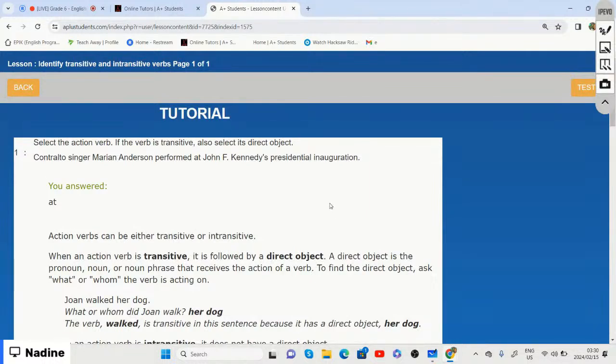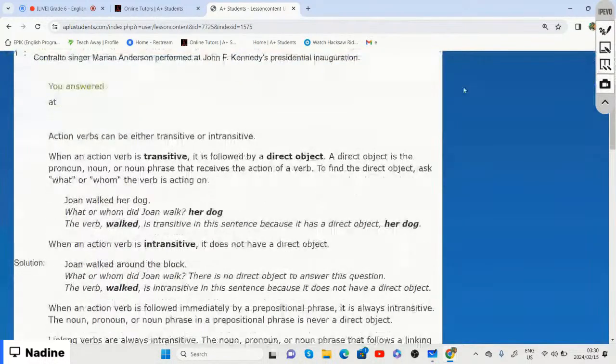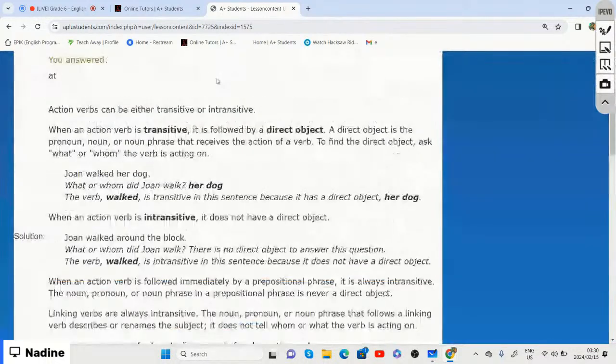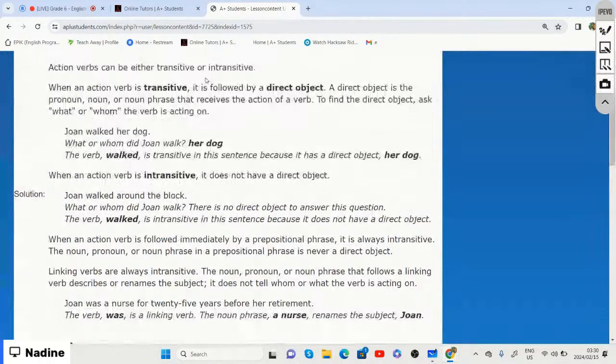Right? So once again, before we go on to our test, it says that an action verb can be either transitive or intransitive. And when a verb is transitive, then it is followed by a direct object. A direct object is a pronoun, a noun, or a noun phrase that receives the action of a verb.